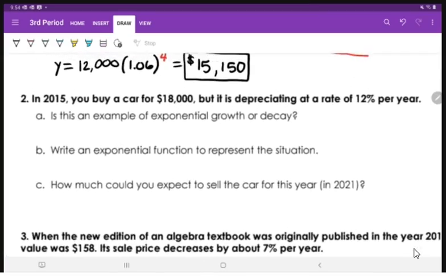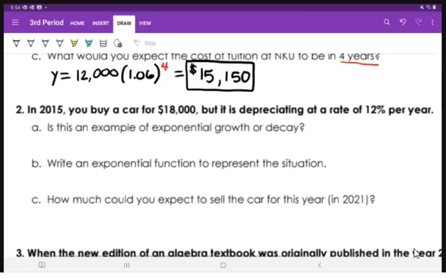Number 2 says, in the year 2015, you buy a car for $18,000, but it is depreciating at a rate of 12% per year. Part A asks us to identify whether this is growth or decay. So we're looking for a key word that will help us figure out if we are going up or going down.